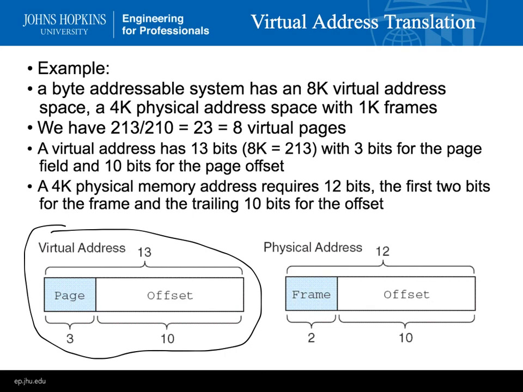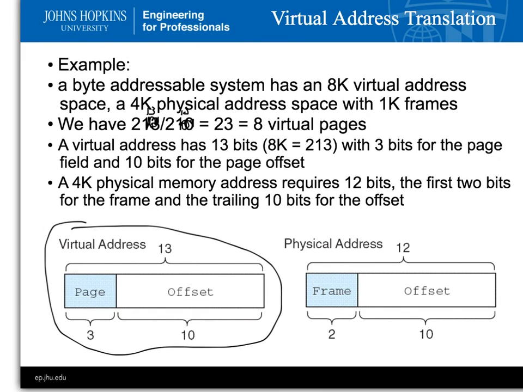If a frame is 1K, that's 2 to the 10th bytes. So since our frame is 2 to the 10th, our offset is going to be 10 bits. Then the page number of our 13-bit address is going to be the top 3 bits.